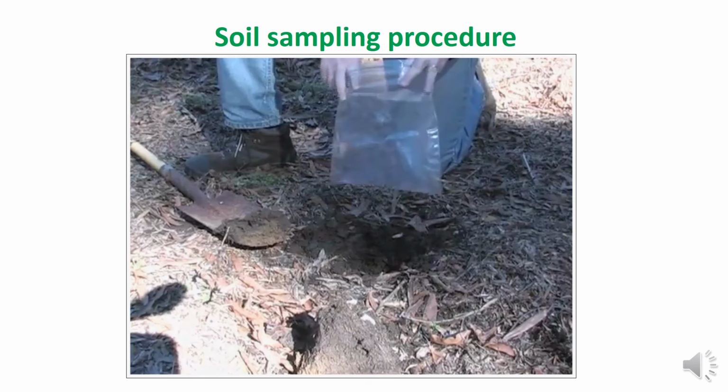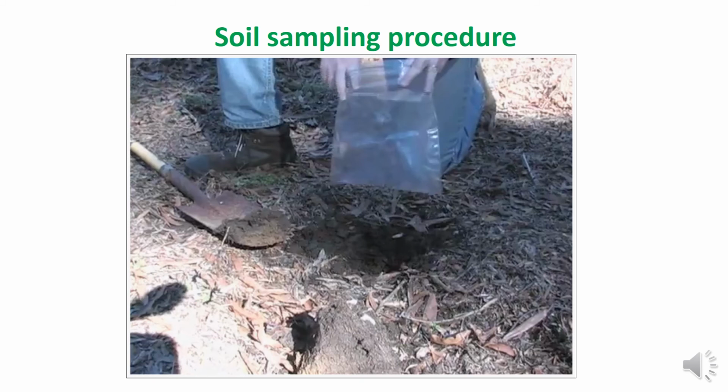After mixing to make a composite sample, it can be put into a plastic bag, as we can see in this video. After putting the samples into the bag, we label it with particular information.